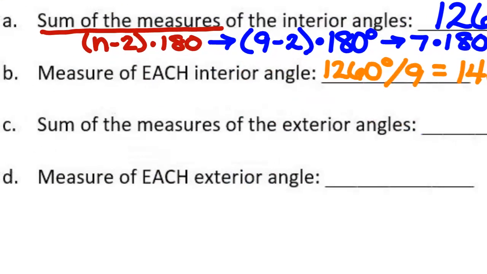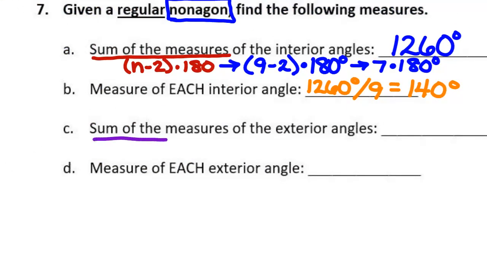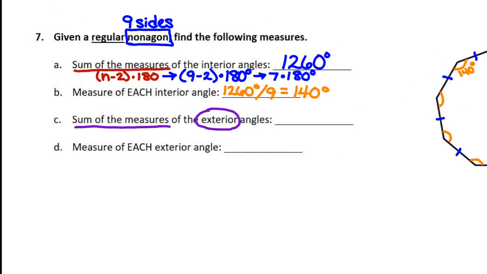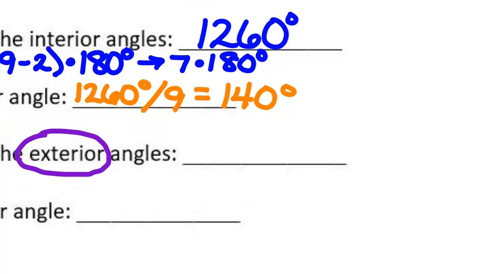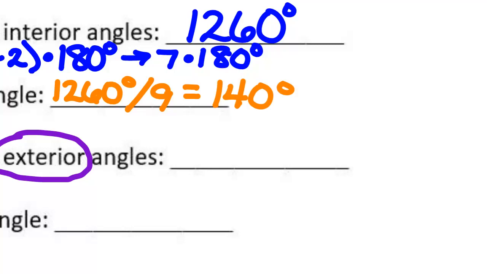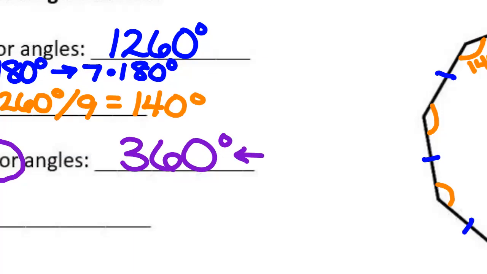Yesterday on the video, you learned about the sum of the measures of the exterior angles. For any polygon, what is the sum of the measures of the exterior angles? 360. This is for any polygon.